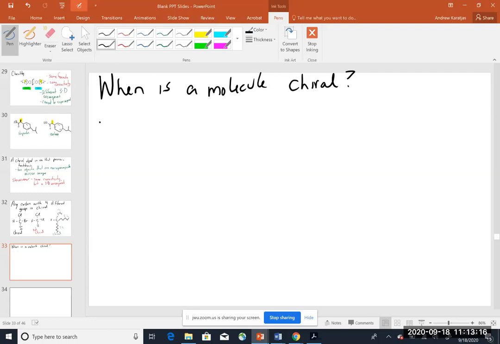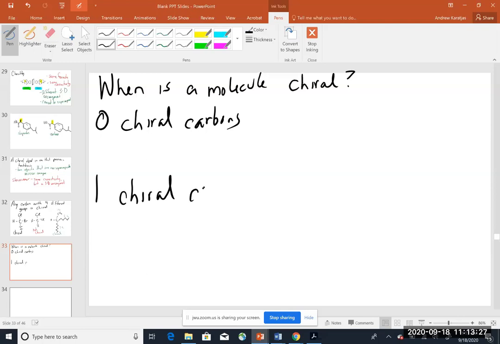So we're going to look at 3 different situations. 0 chiral centers, or chiral carbons. 1 chiral carbon. And then more than 1 chiral carbon. So the easiest of these 3 situations to deal with is when we have exactly one chiral carbon.